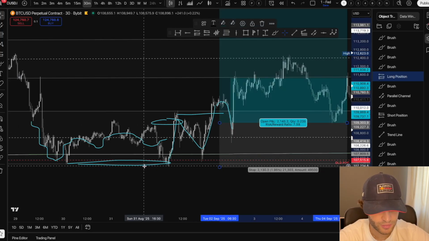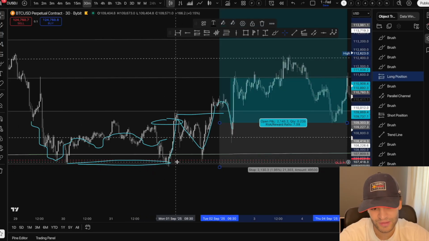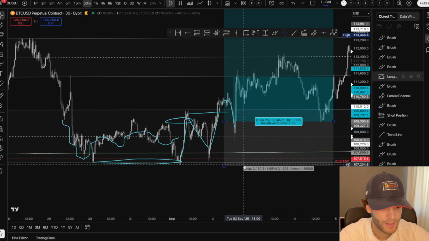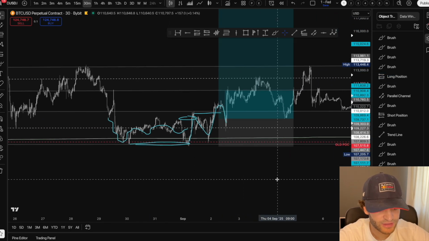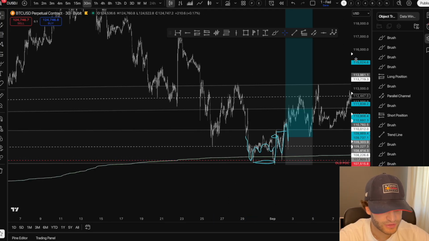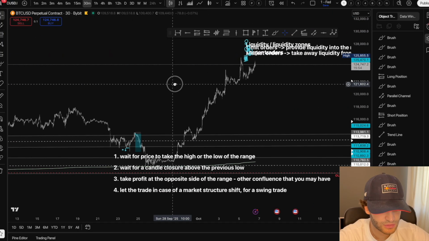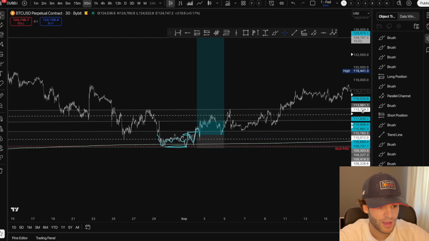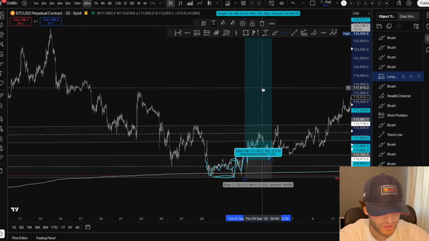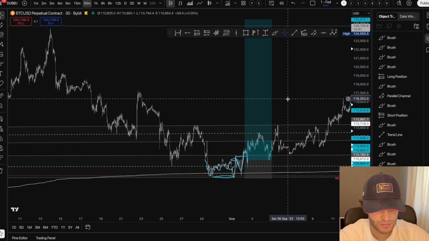You can place your stop loss below the low now, because if it goes back below at this point, then you want to be out. And look, even like this, targeting a new all-time high, which is where we are right now, you still would have had a 1 to 8 trade.